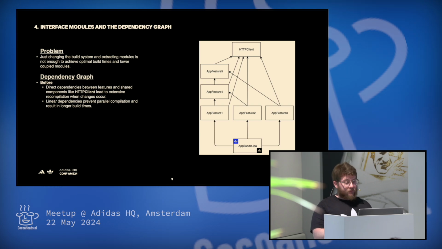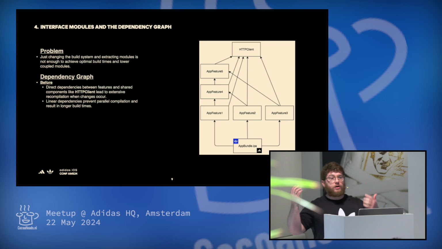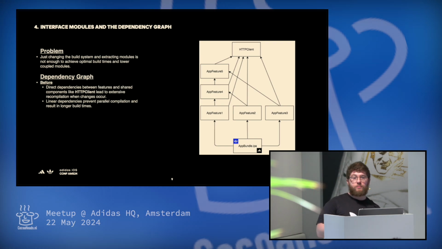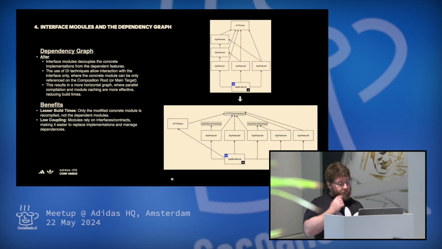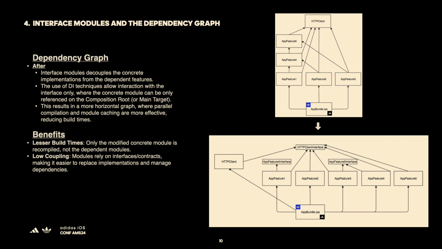So yeah. And of course you can say, but I use Tuist, I use Buck, I use Bazel. It helps, but it's not enough. You need to do a bit of work on top of that to make it even better. After you use these interface modules, your dependency graph will get way more horizontal, and you're not going to have super direct dependencies.